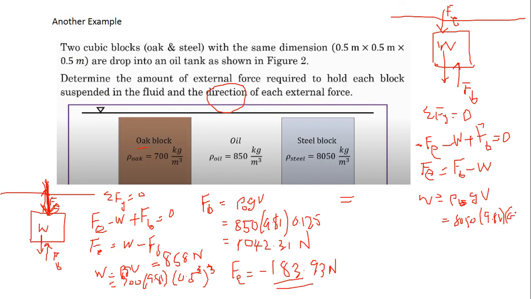Okay, 0.5 cubed. The value is 9,871.31 Newton. Okay, that's your W.